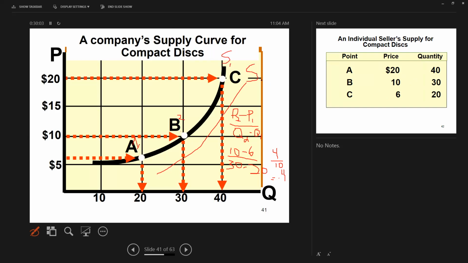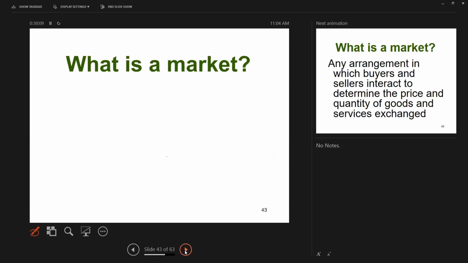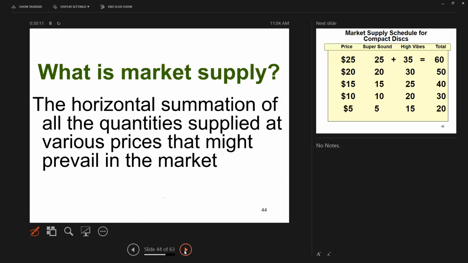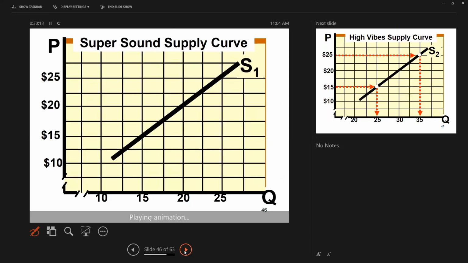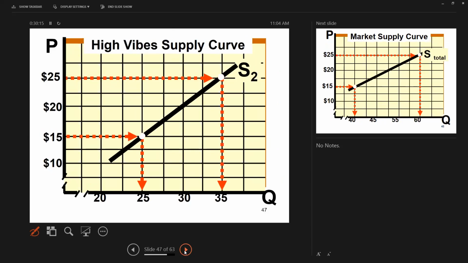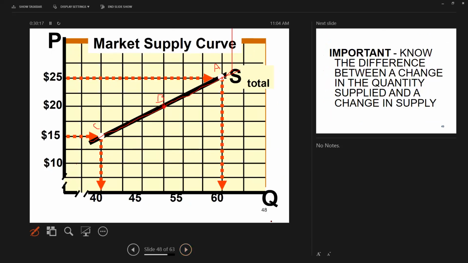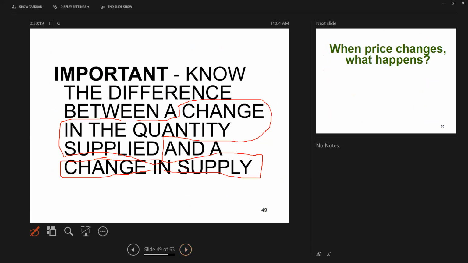We'll have to draw another one, S2. So when something other than price changes, we're going to get a change in supply. That's where we shift the whole curve, we draw a brand new curve. And that's because we violated our ceteris paribus assumption.